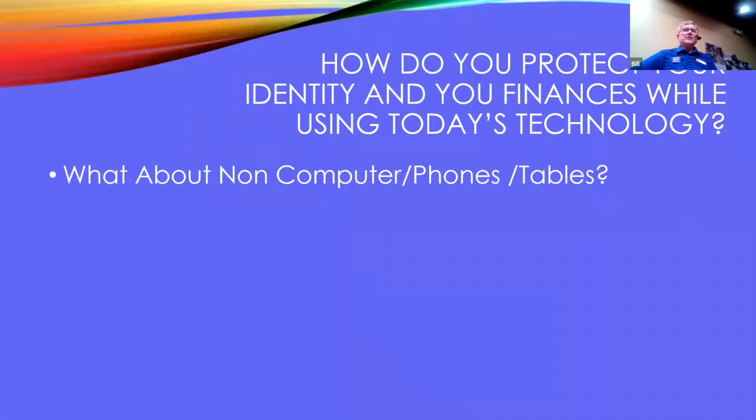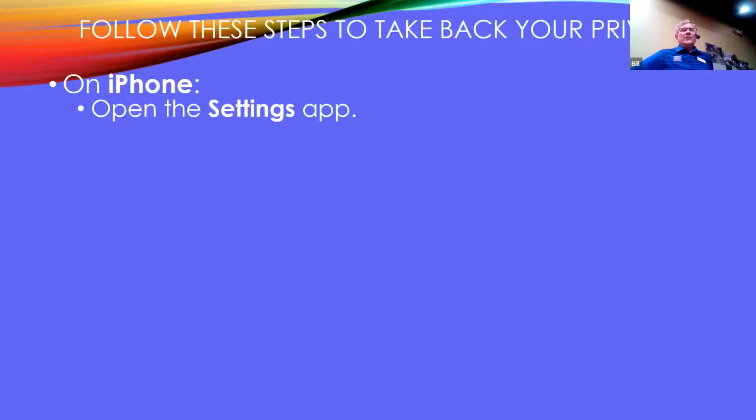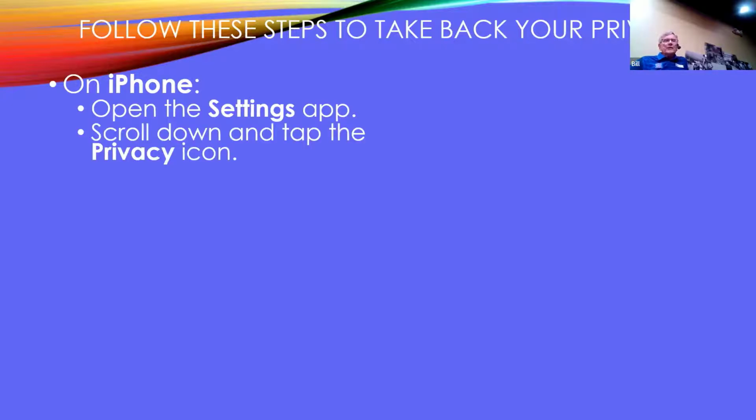What about your non-computer devices, your phones, your tablets? And what about backup? On your iPhone, the settings to take back your privacy are: scroll down and tap Privacy in Settings on your phones or your iPads.